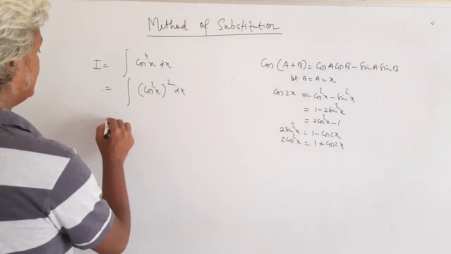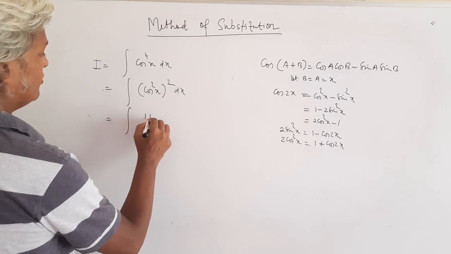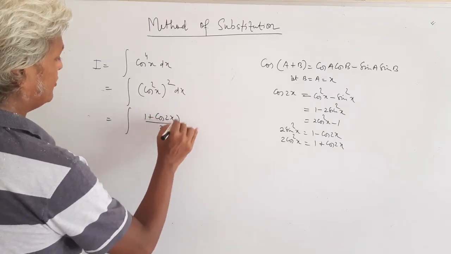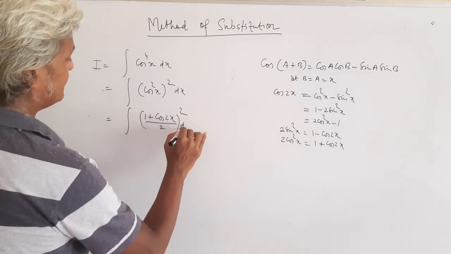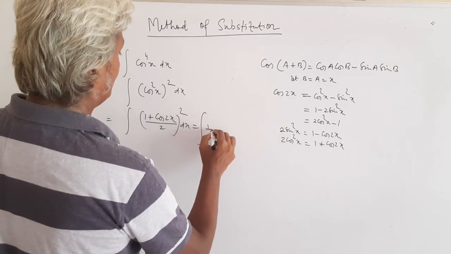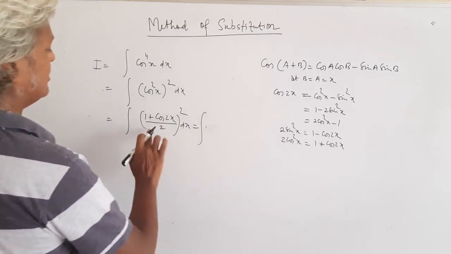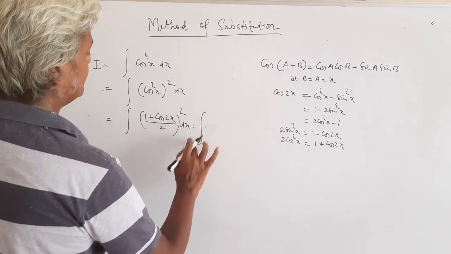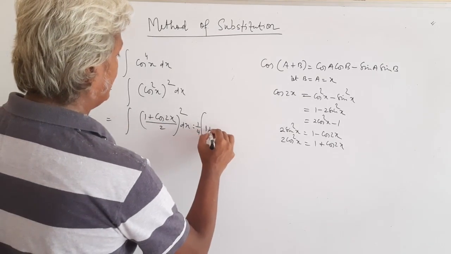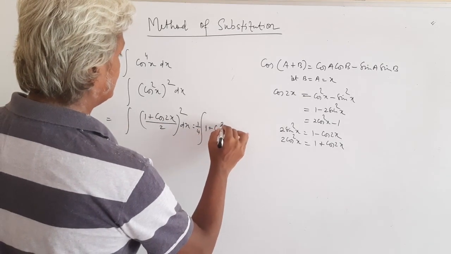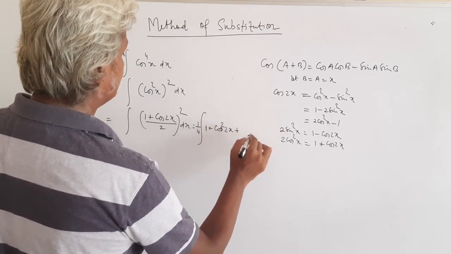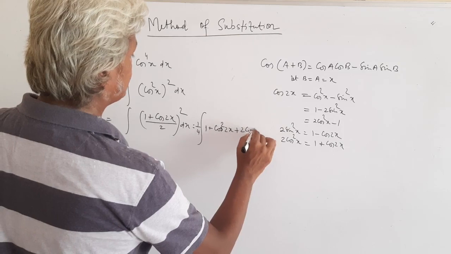So we'll write this as 1 plus cos 2x over 2 whole square dx, and this will become 1 over 4. I write this 1 by 4 outside, it will be much easier. 1 by 4, then we have 1 plus cos square 2x plus 2 cos 2x dx.